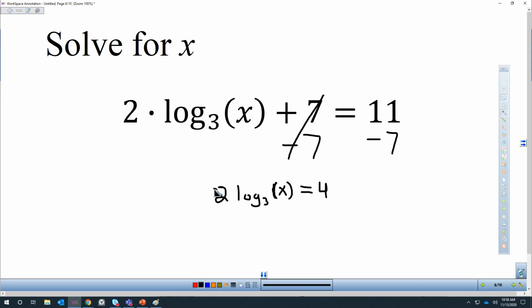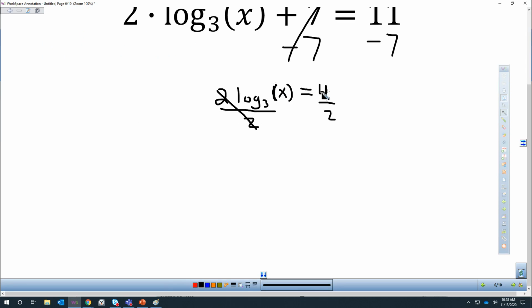Okay, now the next step, I want to get rid of this times 2. So I'm going to divide both sides by 2. Okay, and that will cancel over here, the times 2 and the divide by 2. And 4 divided by 2 will come out to be just a 2. And so that will equal log base 3 of x.